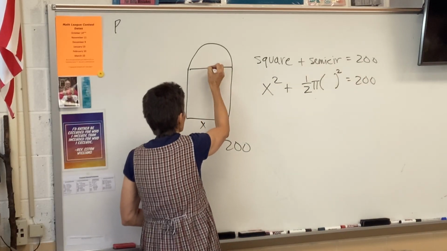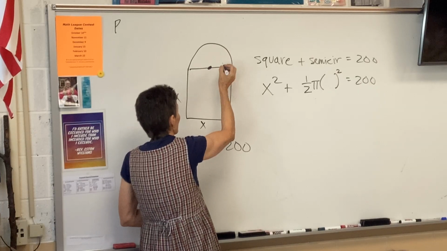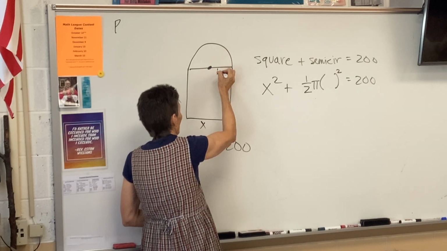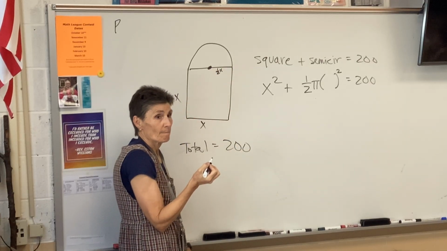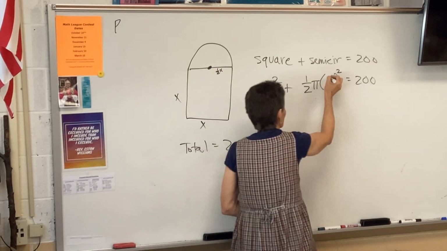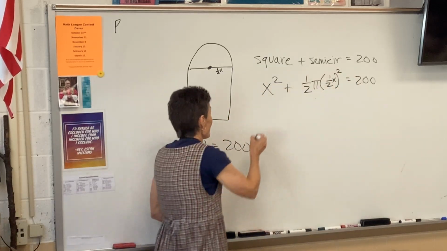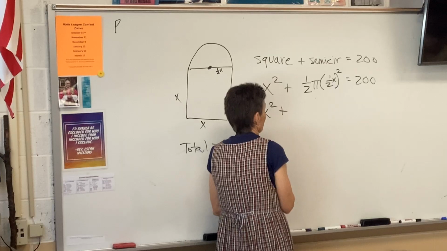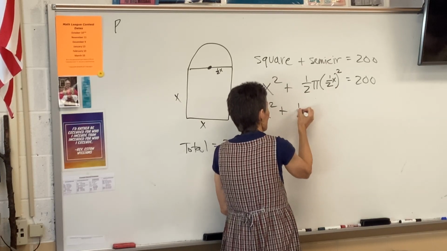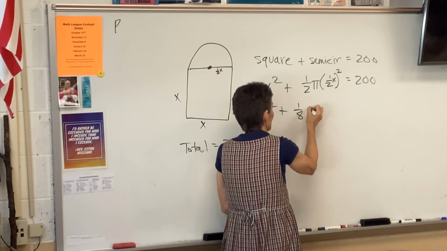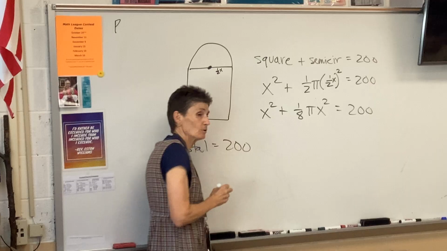So our radius, keep in mind the diameter is x, so the radius is 1/2 x, or x over 2. And we'll square that in our formula. Alright, so I've got x squared plus 1/8 pi x squared. That look okay?